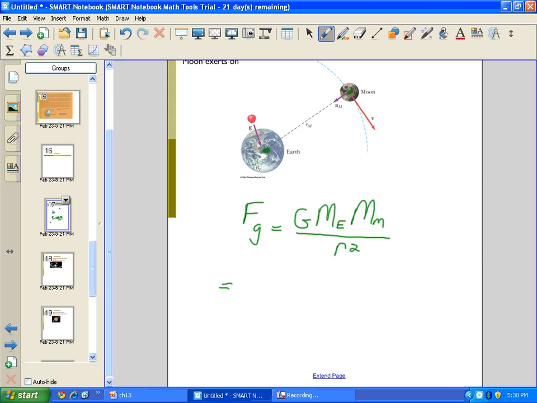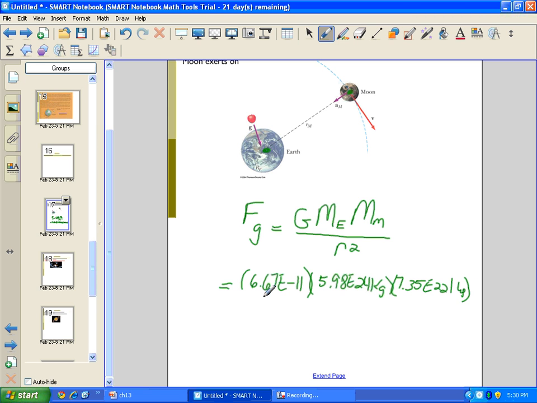Well, let's see. G is 6.67 e to the minus 11. Mass of the Earth, 5.98 e to the 24 kilograms. Mass of the Moon, 7.35 e to the 22 kilograms.